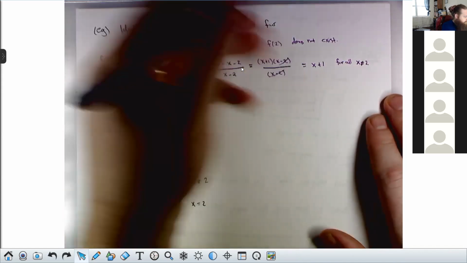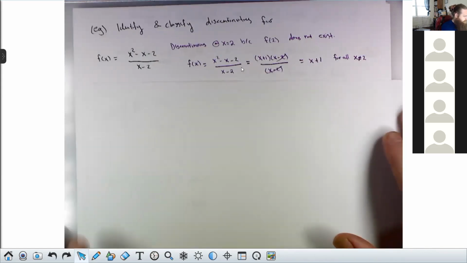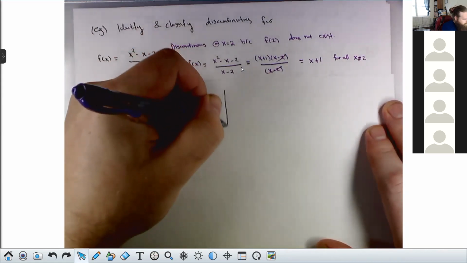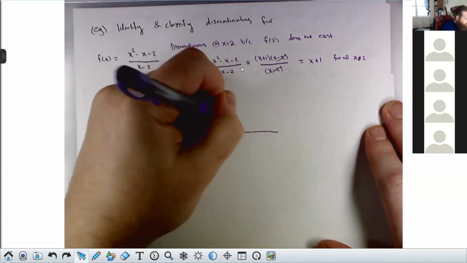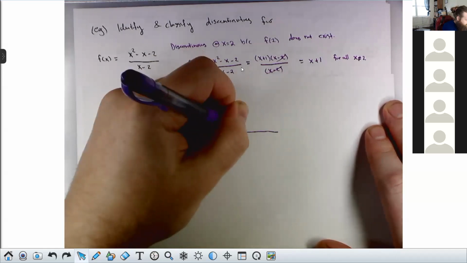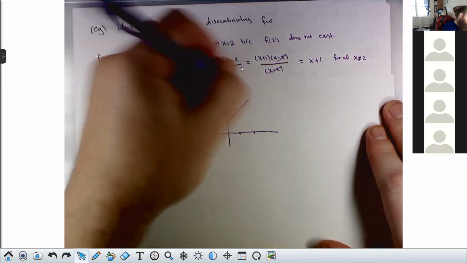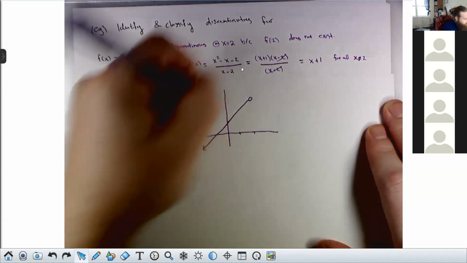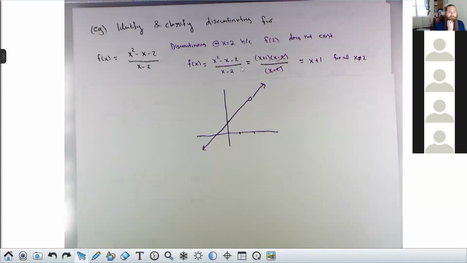So the graph of f here, let's see if I have the space, I don't. The graph of the function f here looks like this. It's the same as the graph of y equals x plus 1, except it's undefined when x is equal to 2.